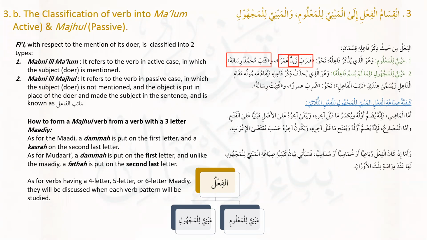The ضمة on زيد tells you that it's مرفوع, and because the فاعل is always مرفوع, you say that زيد is the فاعل. طيب كتب محمد رسالة, who is the فاعل? محمد, because he is مرفوع and the فاعل is always مرفوع. The ضمة tells us that Muhammad is in مرفوع state. Now the فاعل is mentioned.